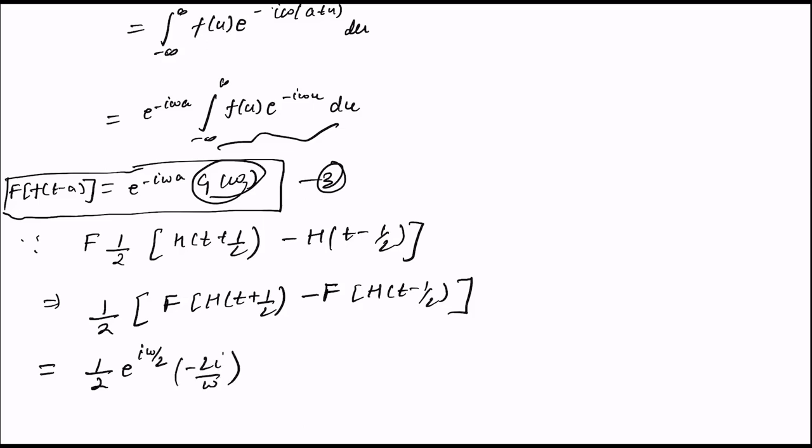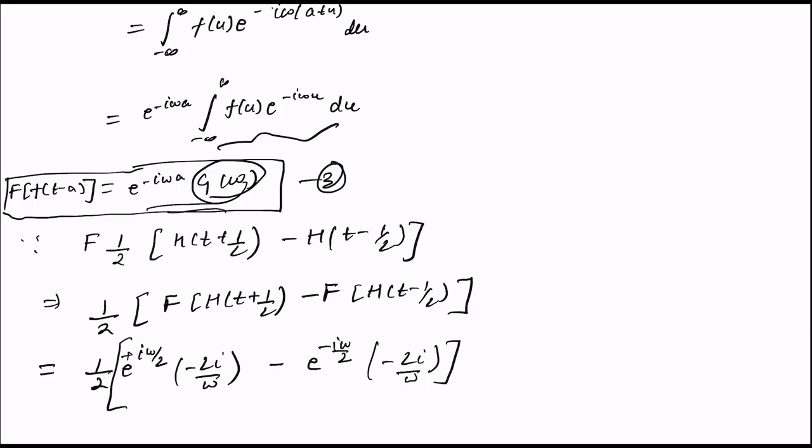So I have just used this property. Minus e to the power, this is the half term, so here a is 1 by 2, so it will become minus i omega by 2 times the Fourier transform of the sign function, which is nothing but minus 2i by omega. In this part a is minus 1 by 2, therefore minus minus becomes plus, so it becomes plus i omega by 2.